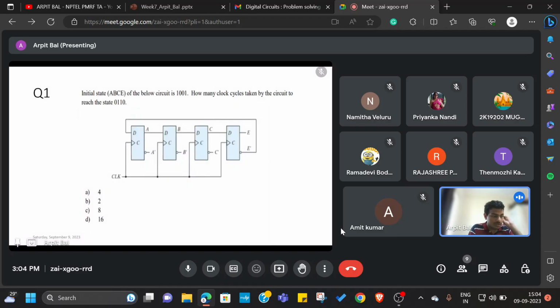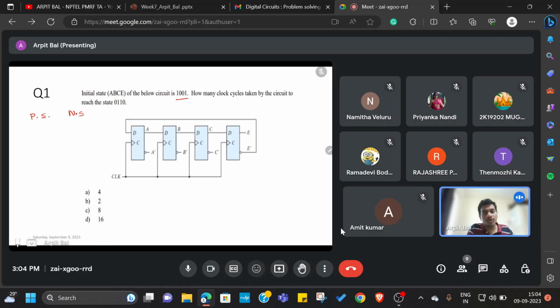Okay, so the first question: the initial state A, B, C, E of this particular circuit is 1001. We have to figure out how many clock cycles are needed to reach the state 0110. To solve this type of problem, let's first mention what is the present state and what is the next state.